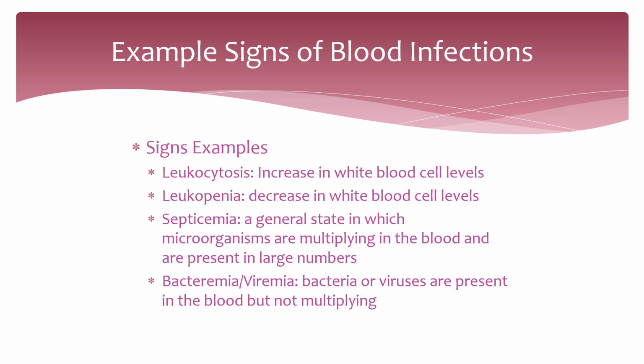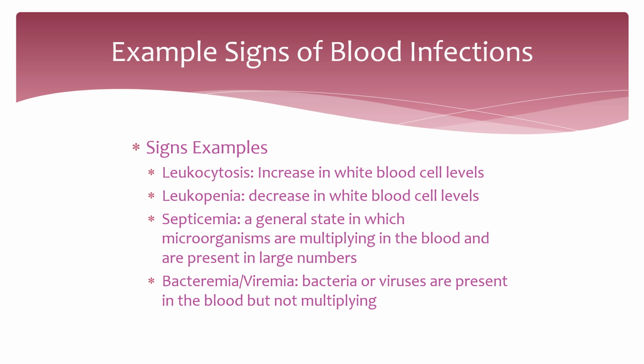Here are some more examples of signs, specifically of a blood infection, just to emphasize that a symptom is something that you feel. You can't feel that your white blood cell levels are off. However, that is something that we can see as a sign of a blood infection.